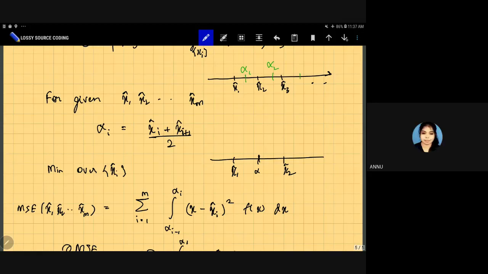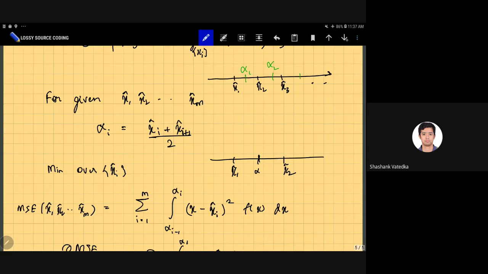X1 hat plus X2 hat divided by 2. Yes, but is that always optimal? When the distribution is uniform. Yes, uniform. Sure, when the distribution is uniform, or slightly more generally, yeah, exactly.